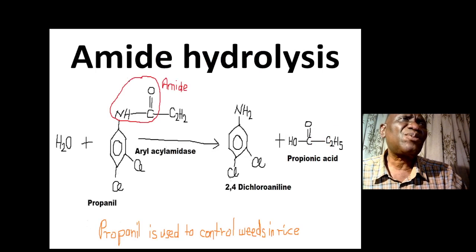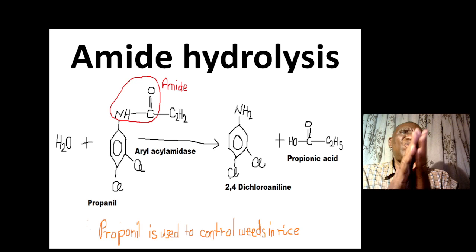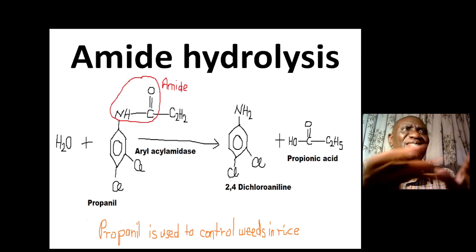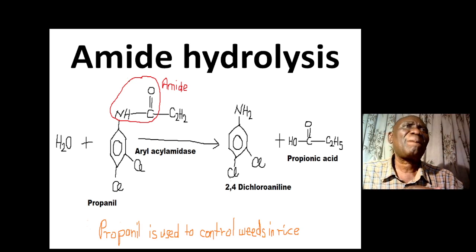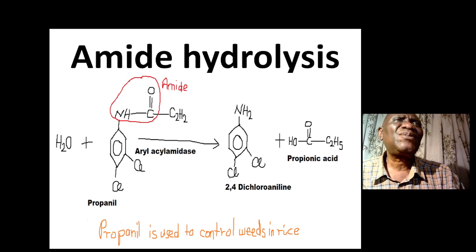Propanil has got also the amide. You can see I have circled it. This is only what you should remember, not the rest of the molecule. And it can break down into an acid and an amine.